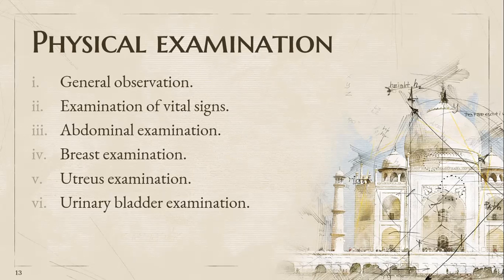Next, pelvic examination. Any abnormality after 6 weeks of delivery, like tear, injury due to episiotomy, etc., can be detected only by pelvic examination. This is regarding physical examination for the postnatal woman.